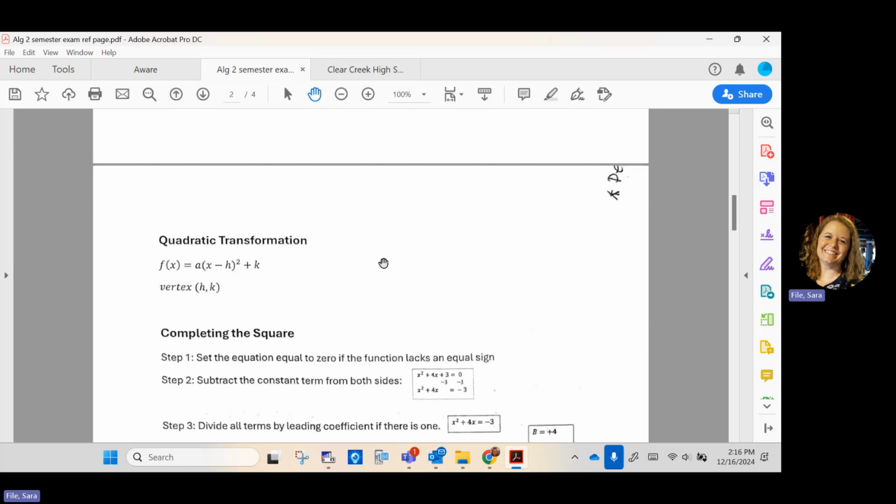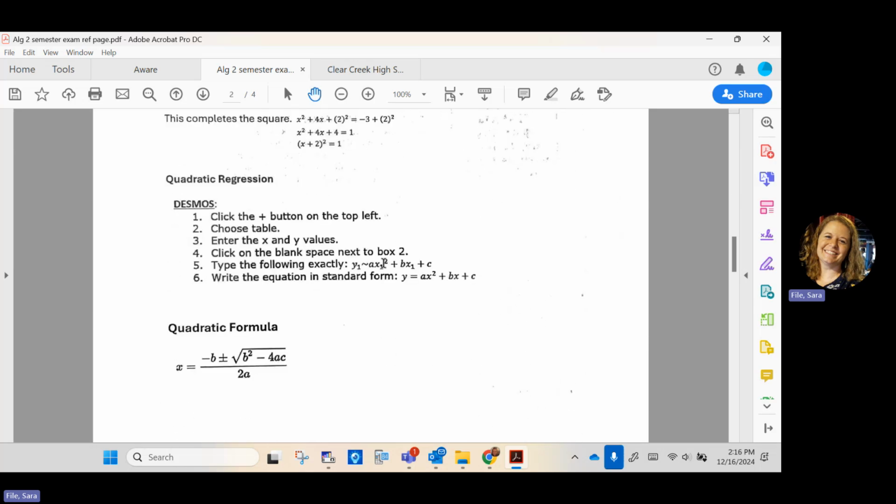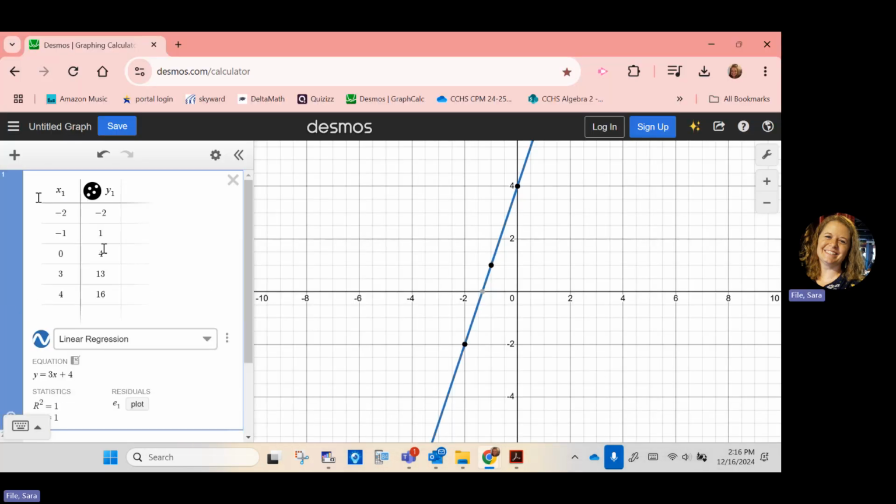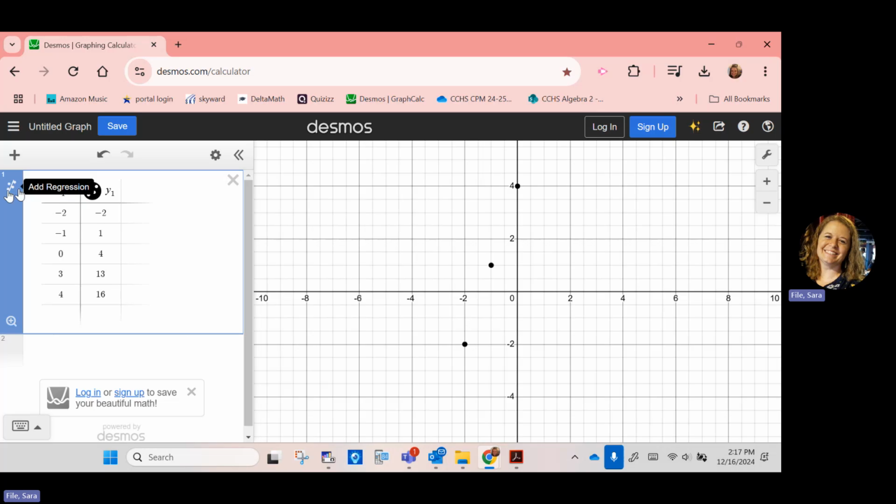So if you want to make a note somewhere on this reference page next to regression about Desmos, you can just click on, when you have your table entered, that symbol where it's got the line going through the scatter plot, and that will add your regression.